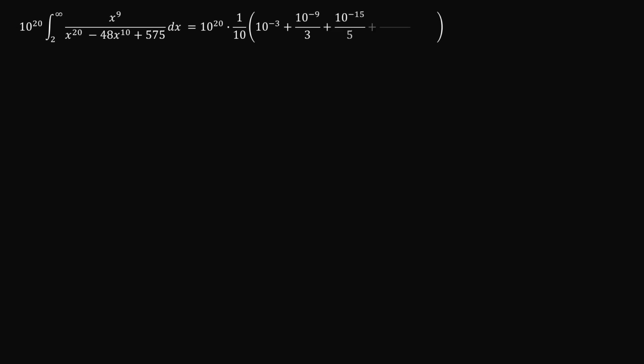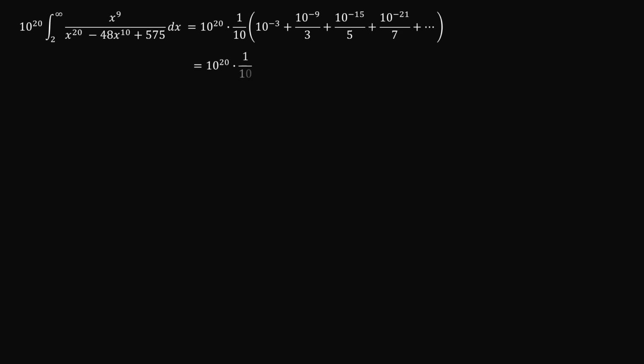We can now substitute the answer from the previous answer, where now we can multiply 10 to the power 20 times 1 over 10 times 10 to the minus 3 plus 10 to the minus 9 over 3 plus 10 to the minus 15 over 5 plus 10 to the minus 21 over 7.